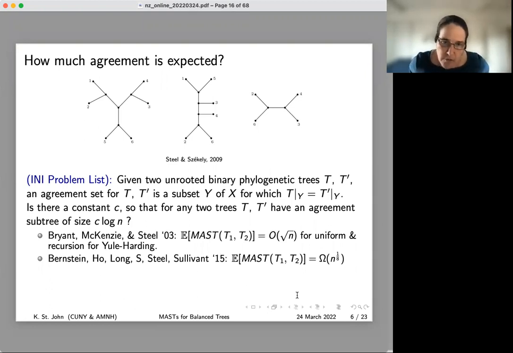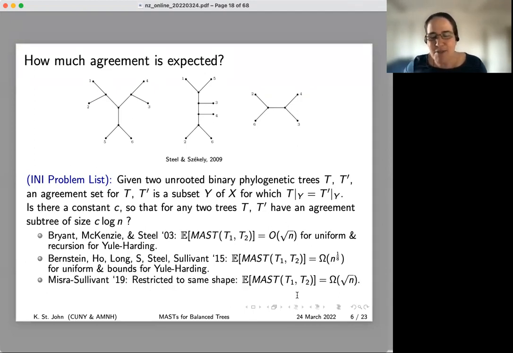This is the work that we did down in South Carolina at Winthrop, with Daniel Bernstein, Lam Ho, Colby Long, Mike, and Seth Sullivan. We were able to show that the expected agreement between T1 and T2 is at least n to the 1/8, where n is the number of leaves. That was for uniform distribution, and we were also able to get bounds for Yule-Harding.